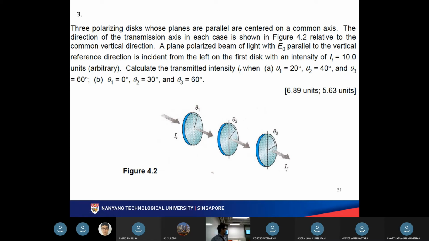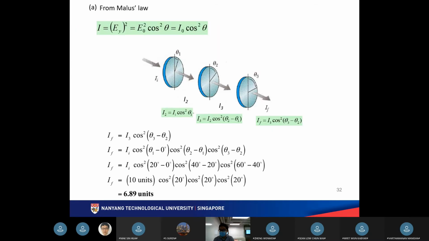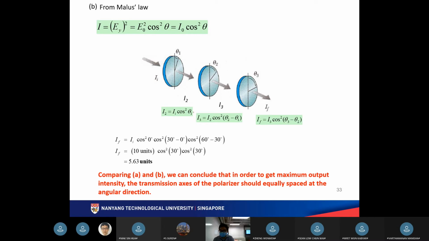So I should put them at around 20, 40, and 60, so that each neighboring polarizer is 20 degrees apart. This will maximize the output. If you do not put them with equal spacing, then the intensity will be minimum. Okay, so this is one important conclusion.